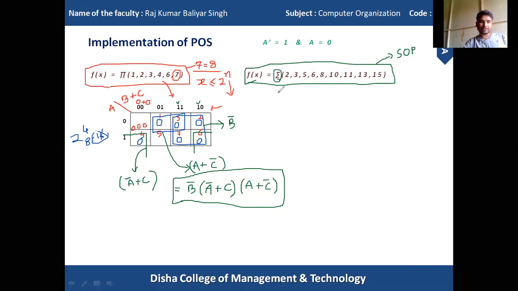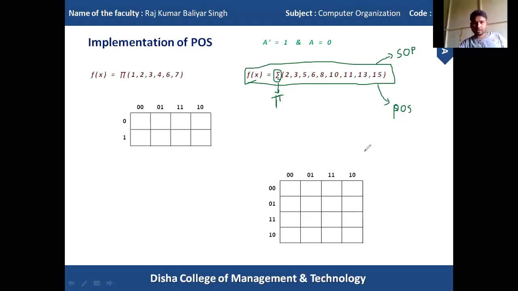If we replace the symbol with pi, then that function can be converted to POS. So you do it yourself, convert this equation to the POS form, and after that you solve it. Whatever doubt arises, you can ping me on my WhatsApp number.